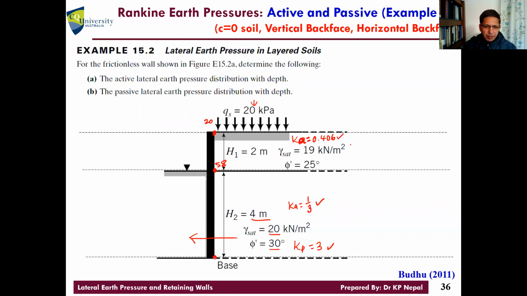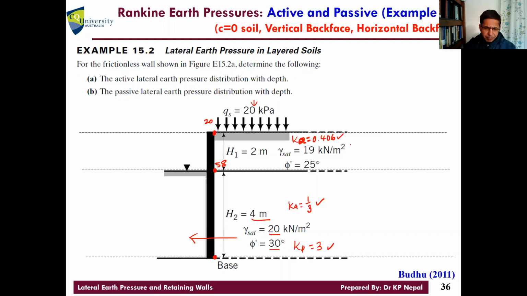What will be the vertical pressure at this point? So 20 plus 2 times 19 plus 4 times, there is a water table, guys, yeah? So you need to do, don't forget that.